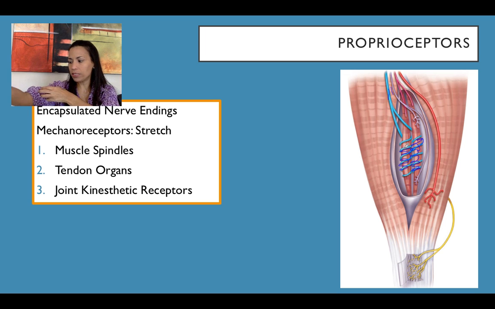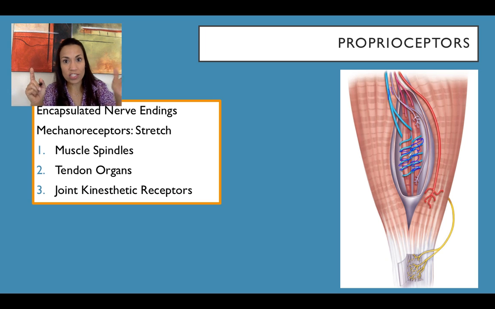So, for example, if I'm contracting the biceps brachii, I am stretching the triceps brachii. So I'm stretching the muscle spindles of the triceps brachii. That stretching is what these receptors detect.